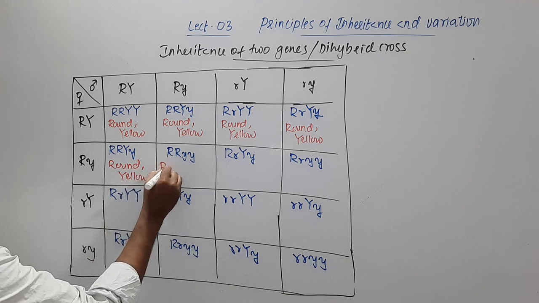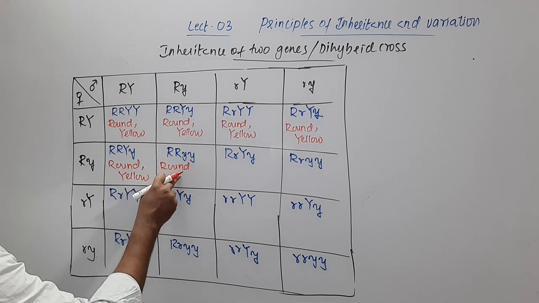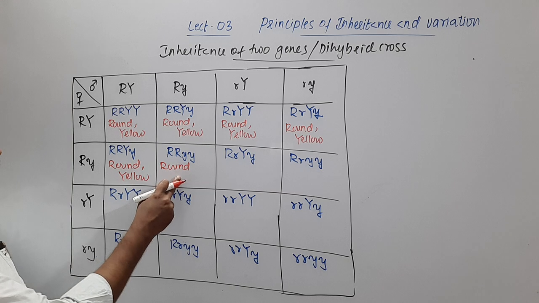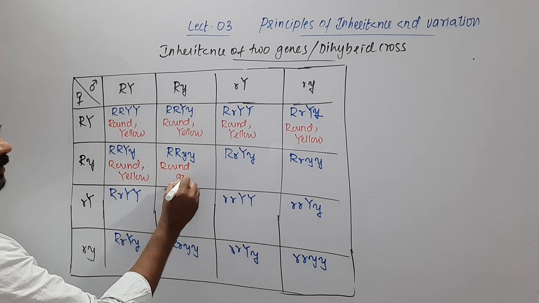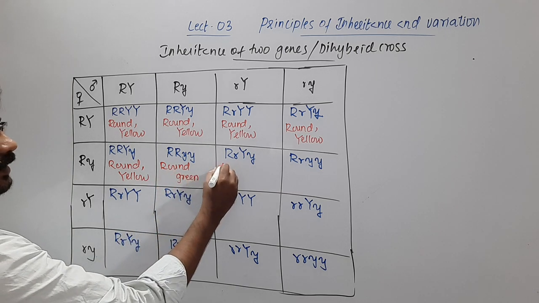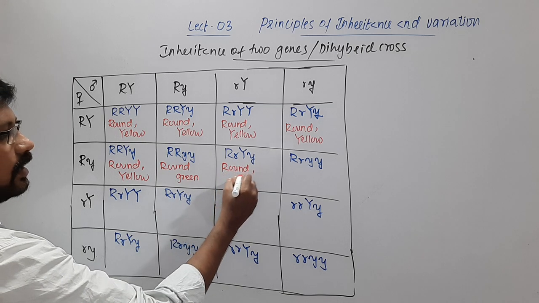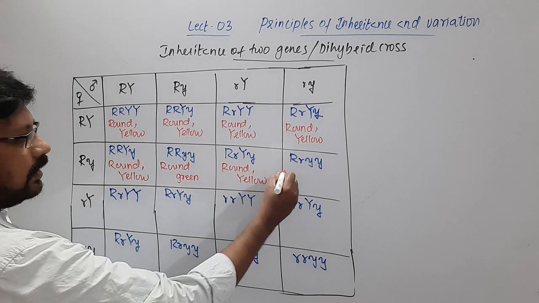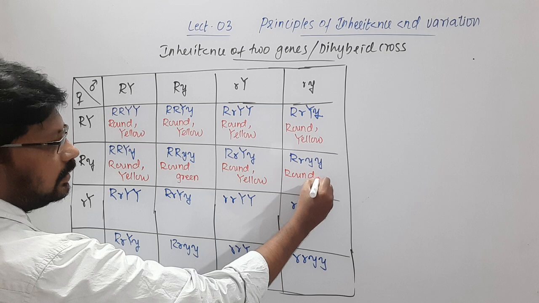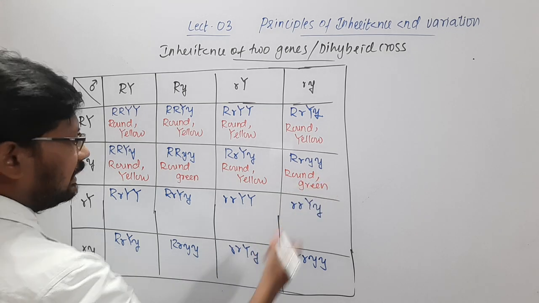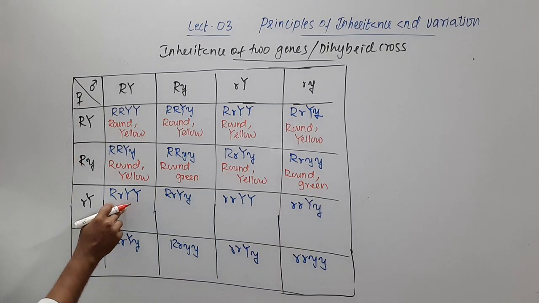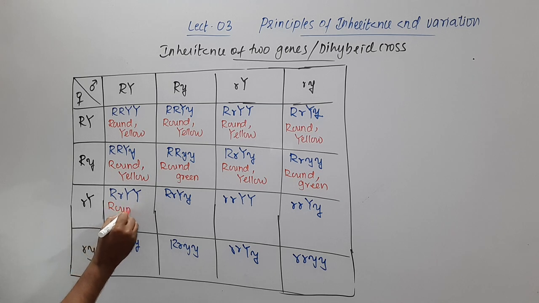Now it's not round yellow, this will be round green. This one is round yellow again, and this is round green. The next one is again round yellow.